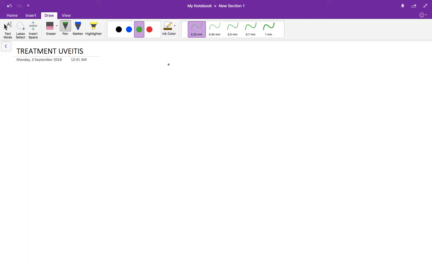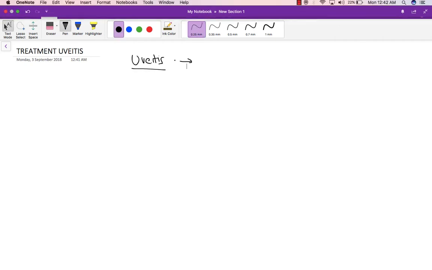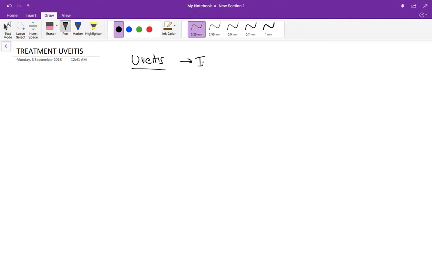So now we would discuss some treatment of the uveitis. First, the important thing you should remember is why the uveitis occurs. Basically, the uveitis occurs because of inflammation of the uveal tissue. So the pathogenesis is inflammation of uveal tissue.